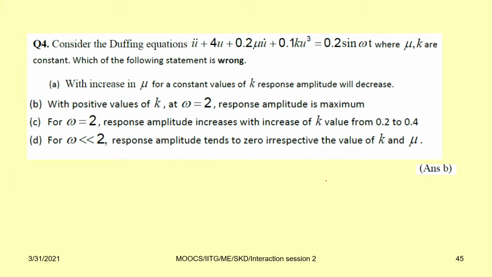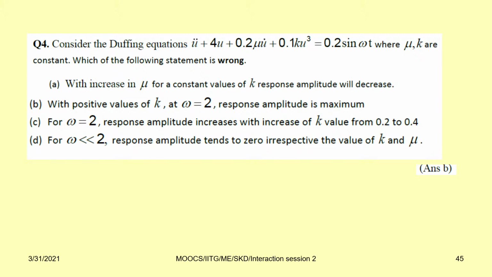Okay, so next. Consider the Duffing equation: u double dot plus 4u plus 0.2 mu u dot plus 0.1 k u cube equals 0.2 sine omega t, where mu and k are constants. Which of the following statements is wrong? Here we have to see which is wrong, so the others will be correct and this one is wrong.